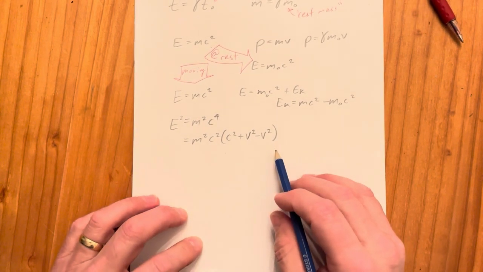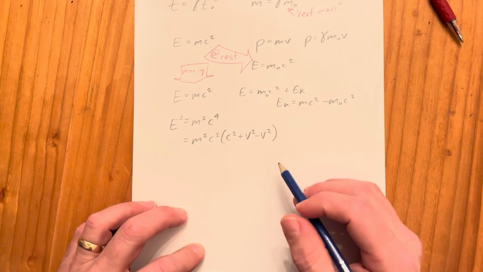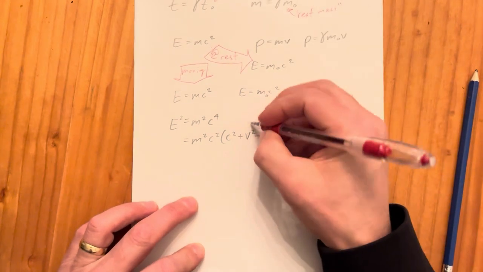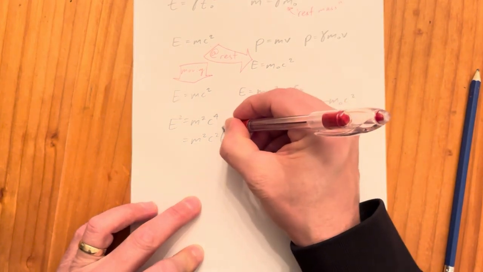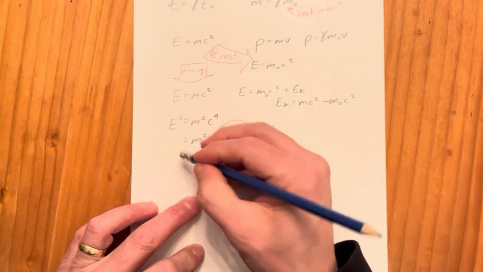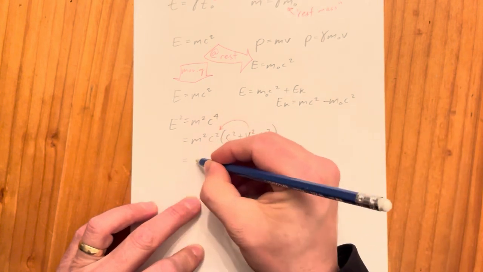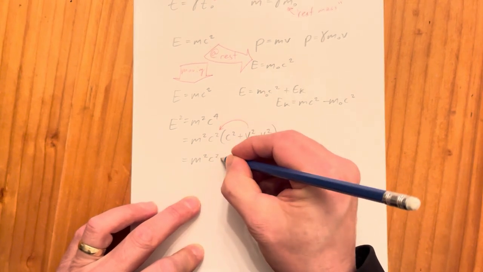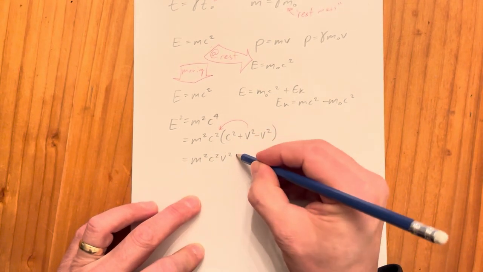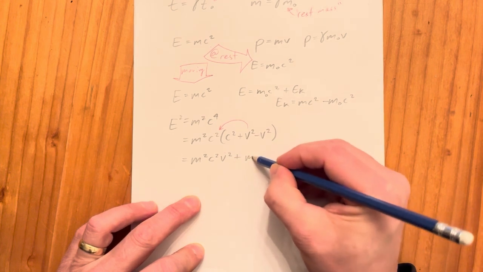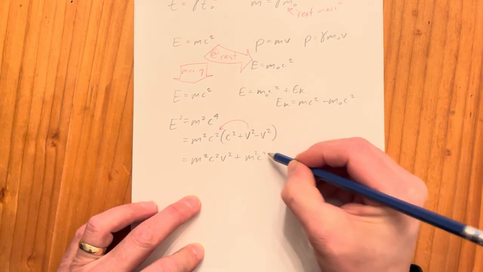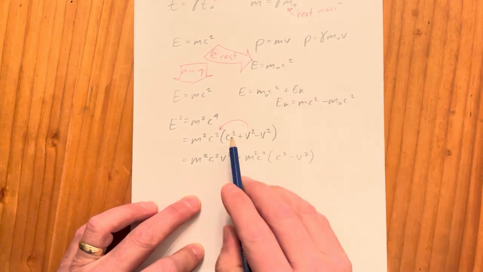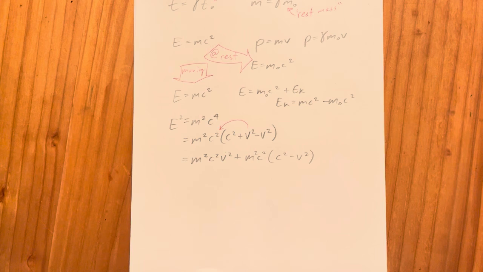I do that because then I'm going to multiply just this v squared out. And I'm going to say this is m squared c squared v squared. And then that's plus m squared c squared times c squared minus v squared, because these two are still left there, right?